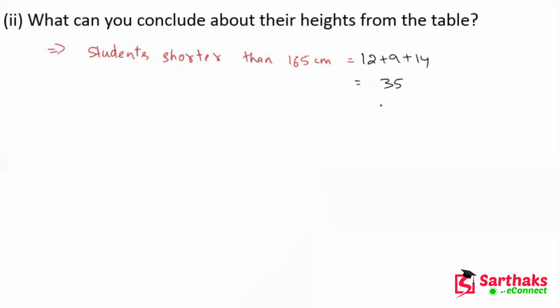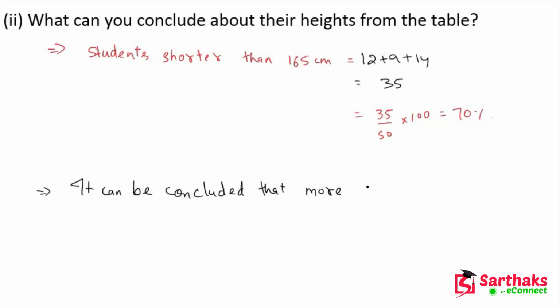So what is the percentage? We can find it by dividing 35 by 50 and multiplying by 100, and we get 70%. It can be concluded that more than 50% of the students are shorter than 165 centimeters.